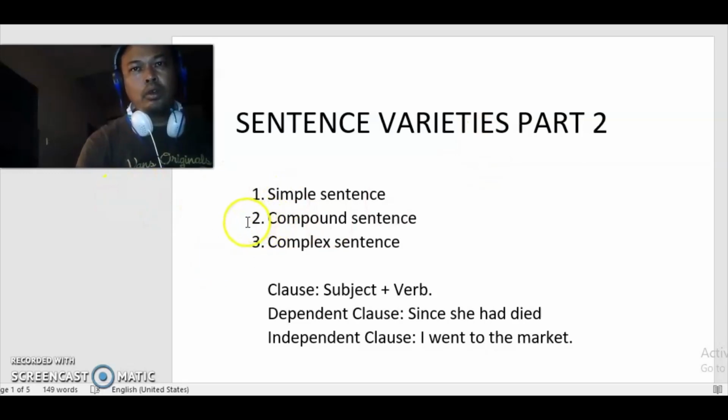While compound and complex sentences are the types of sentence with more than one sentence, two sentences, for example, combined by a conjunction.